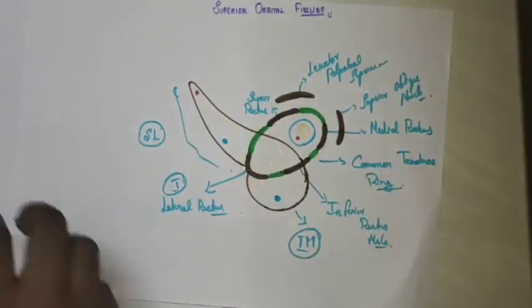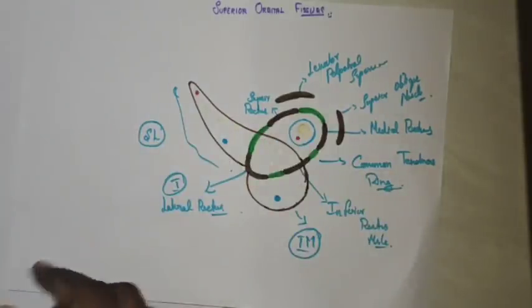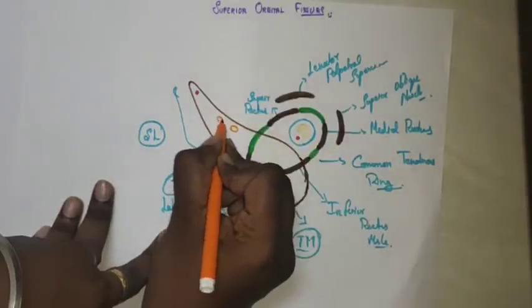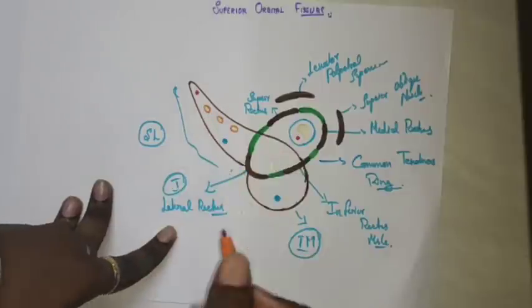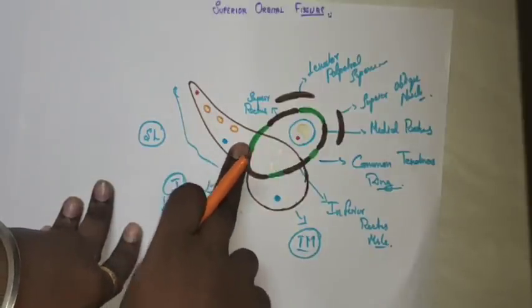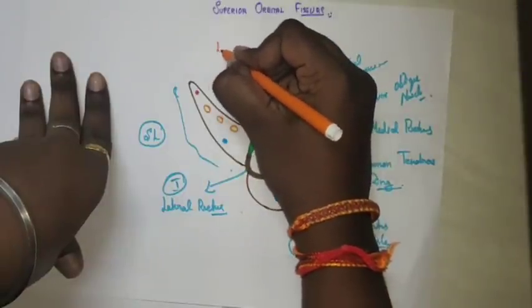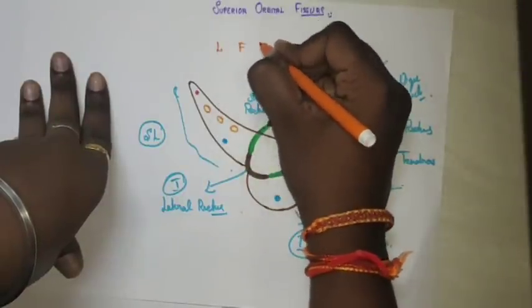3 nerves. The nerves are not visible, so I will highlight it with an orange color. So there are 3 important nerves, for which you can keep it as LFT.